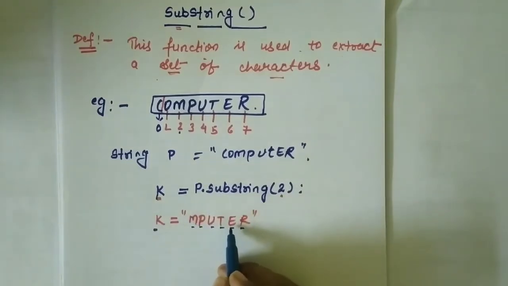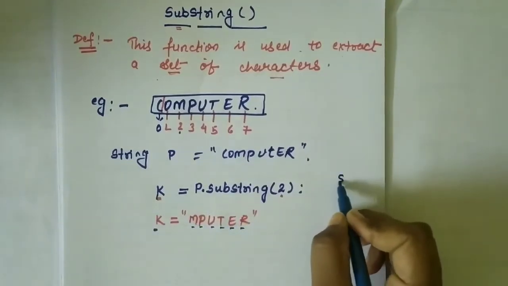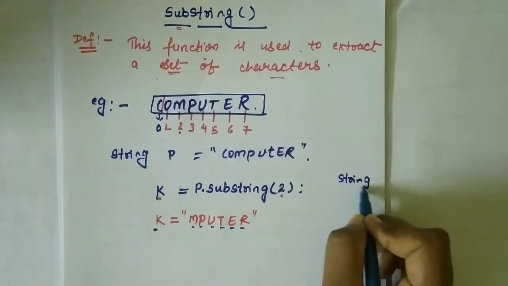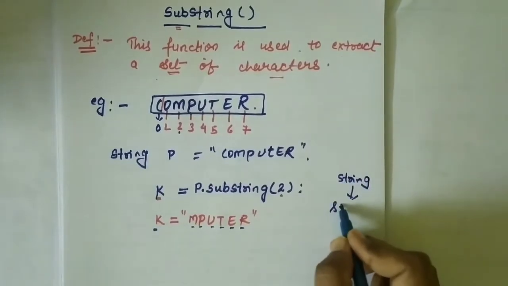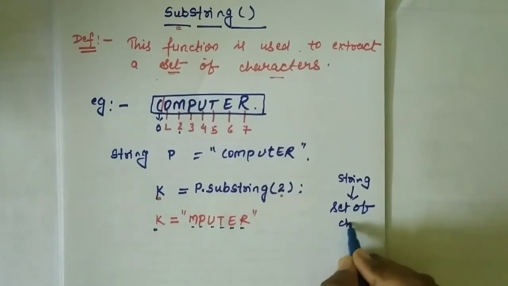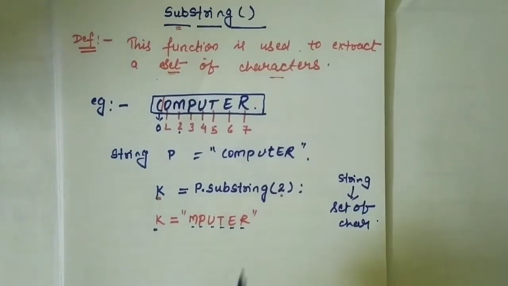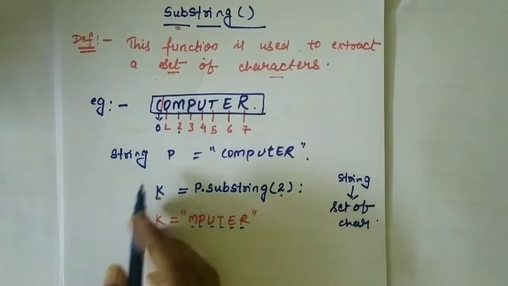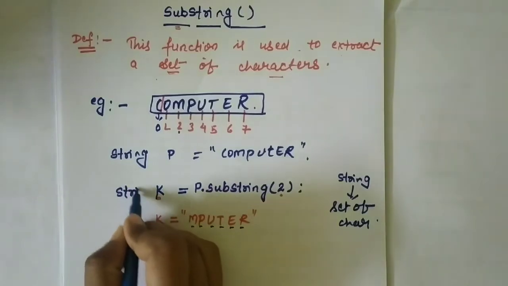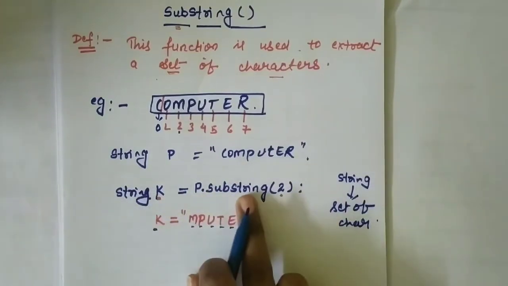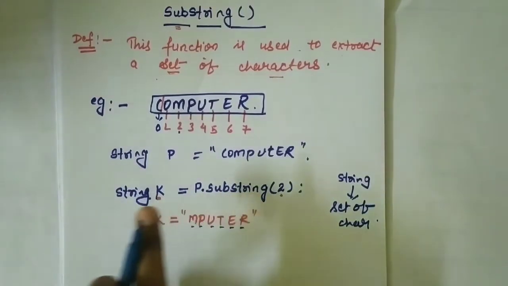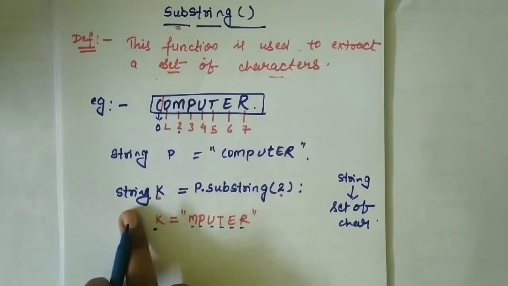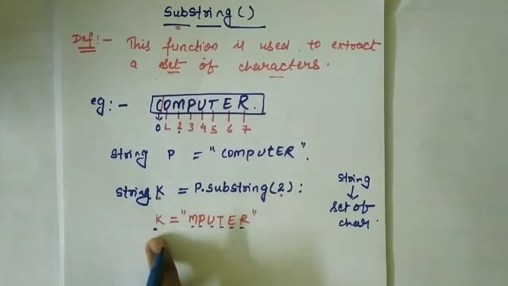So what is the definition of a string? The definition of a string is a set of characters in double quotes. So the data type of k is also string. The substring function returns a string type value.